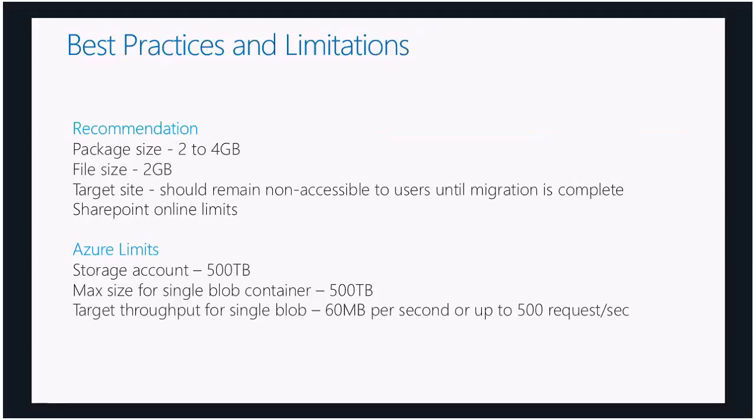There are also some Azure limits, such as in the storage accounts or the max size for a single blob container. After the session, I will also give you a link to information about these best practices and limitations.